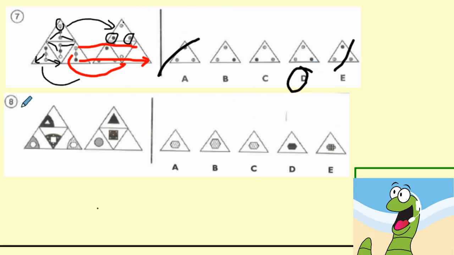Question 8. Okay. Let's have a quick look. We have a triangle. In that triangle, we have another triangle and a coordinate section, but that section is shaded in. This time we've got a larger triangle, middle shaded in.